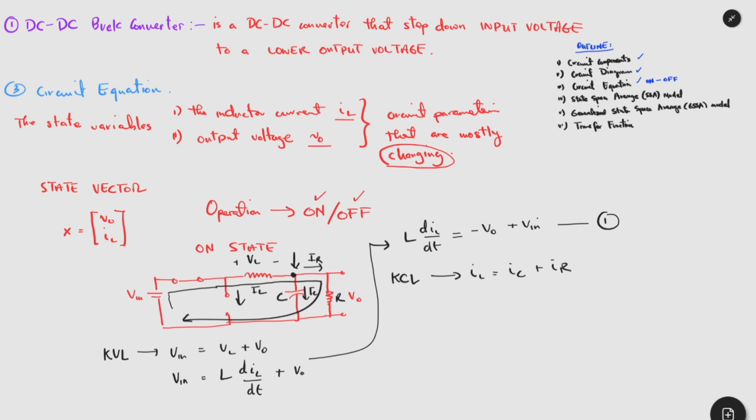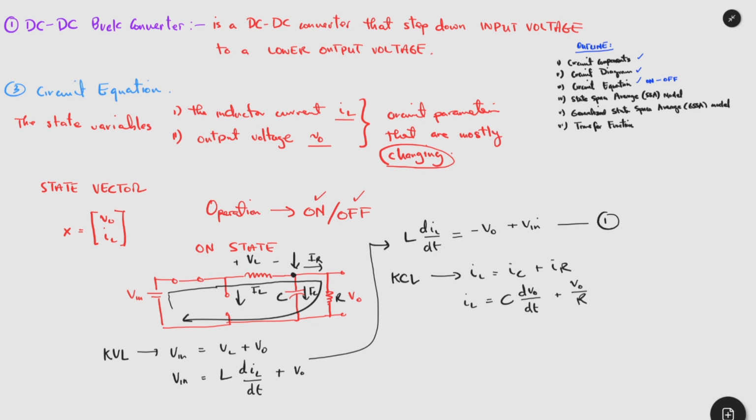When we transpose, we have IL equivalent to C dV0 over dt plus V0 over R, since the current through the resistor is equivalent to the output voltage over the resistor using Ohm's law.